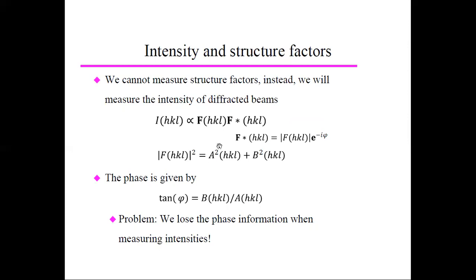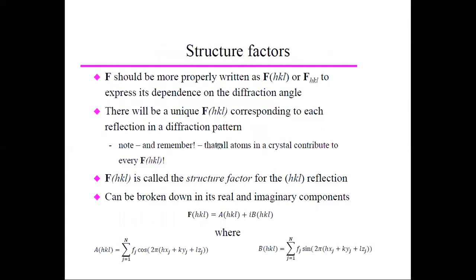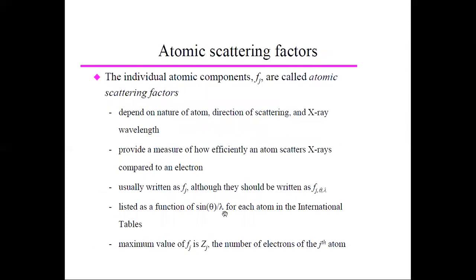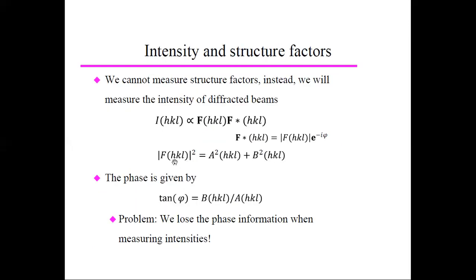This equation we saw in the previous table; it is the equation for the structure factor. We will see the same in the intensity and structure factor. The phase difference is given by tan phi equal to B(hkl) divided by A(hkl).